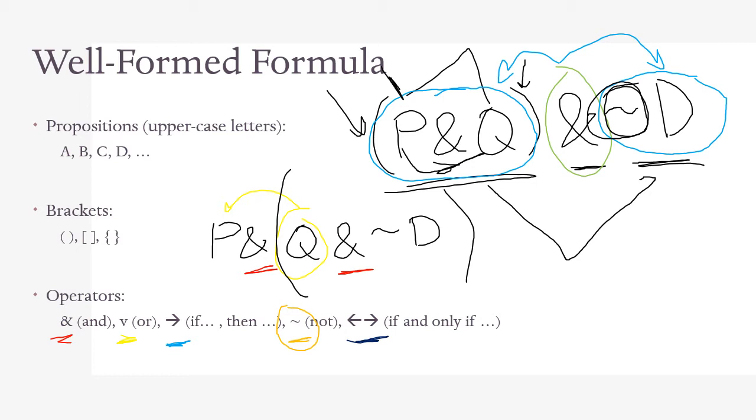Imagine if I said, let's see, this ampersand, if we change this ampersand into, say, an or. Now this statement here says I have pennies and either I have quarters or I don't have dimes.